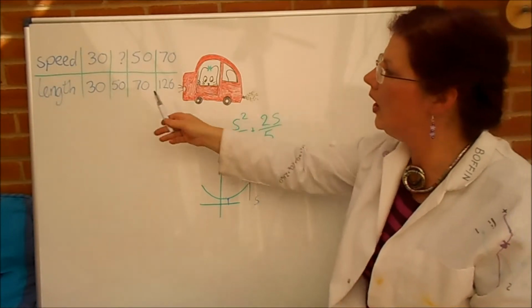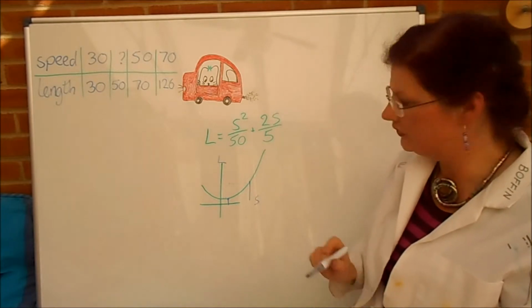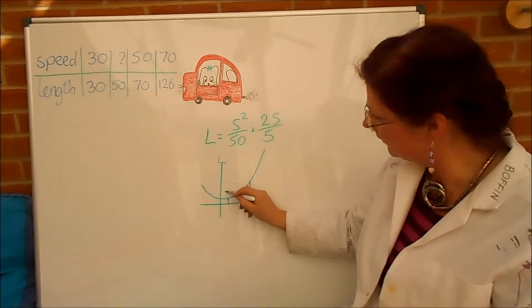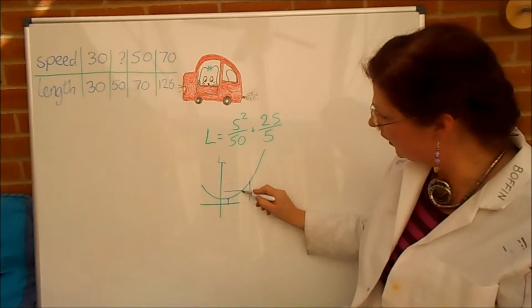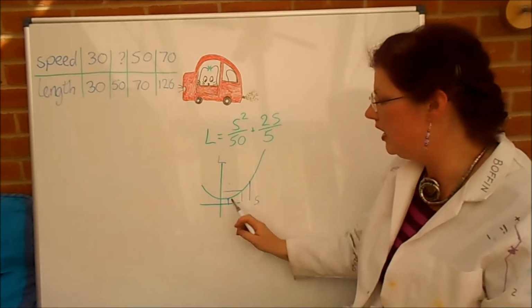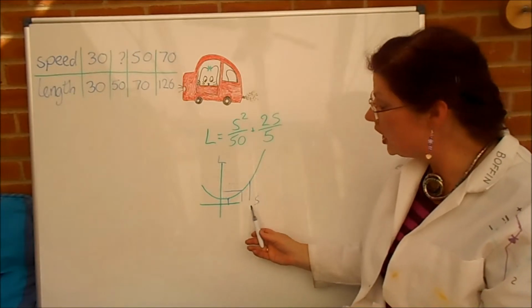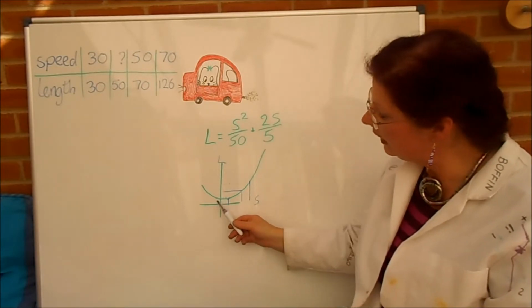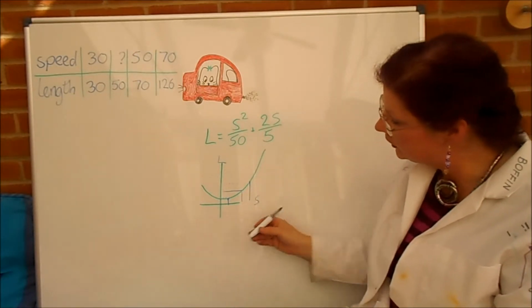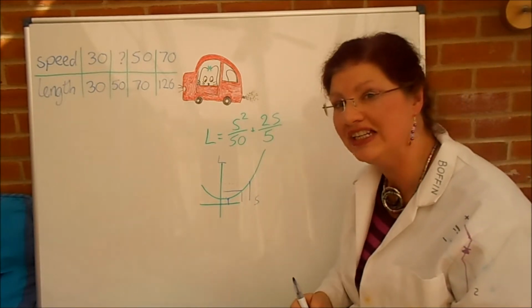If we go halfway in between the values for L and read it along, we see that it does not come halfway in between the values on the S axis. It's actually closer to the higher one. And on any curve that's this kind of scoop shape, you're always going to get that.